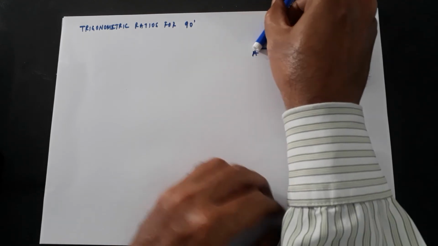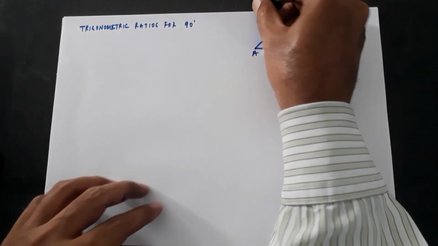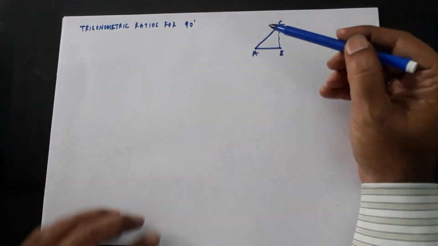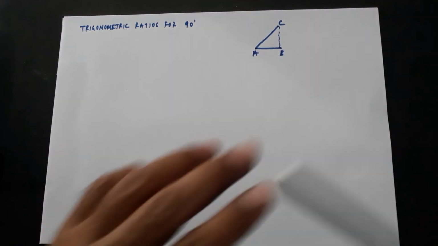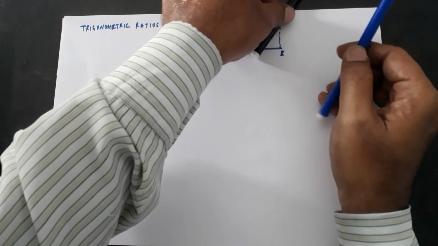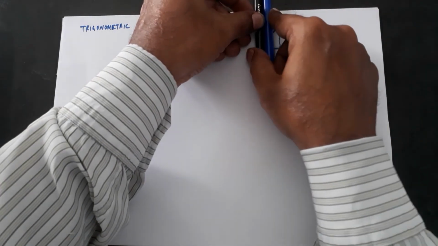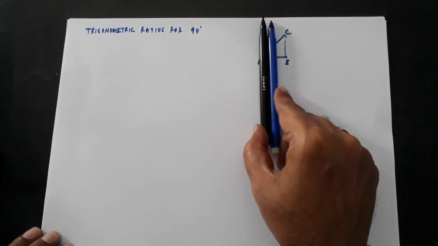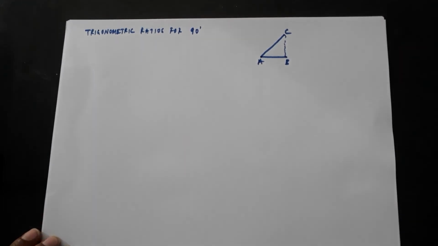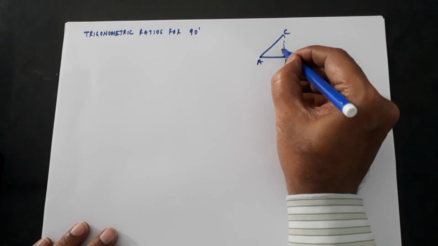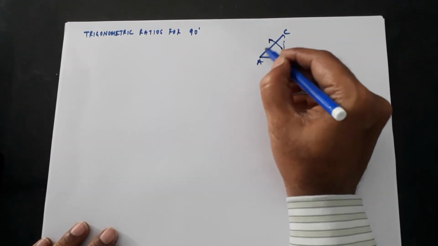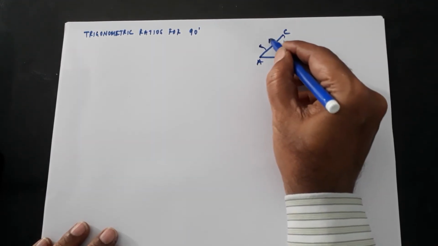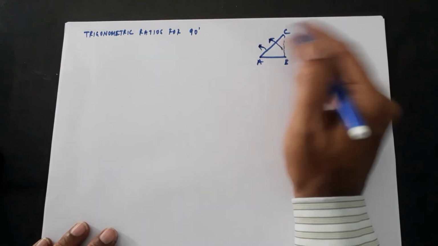So when this becomes 90, AC and AB will coincide. We are moving this one this side, this one also this side, so that this angle becomes 90.